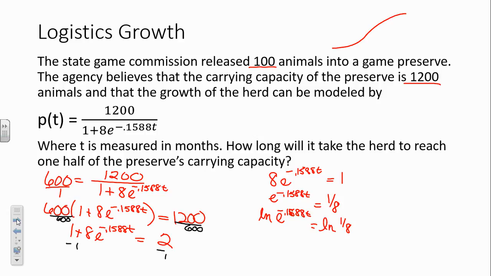So natural log of 1/8 gives me negative 2.079. And we want to get that t by itself, so we'll divide.